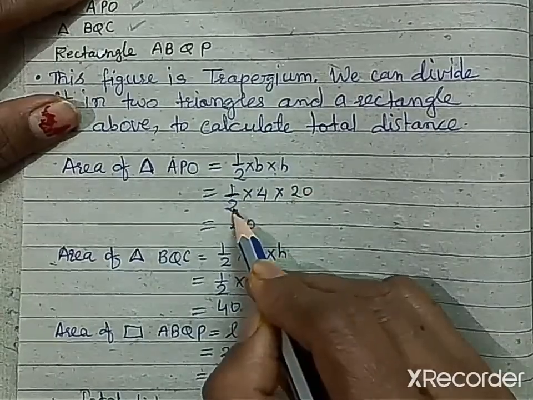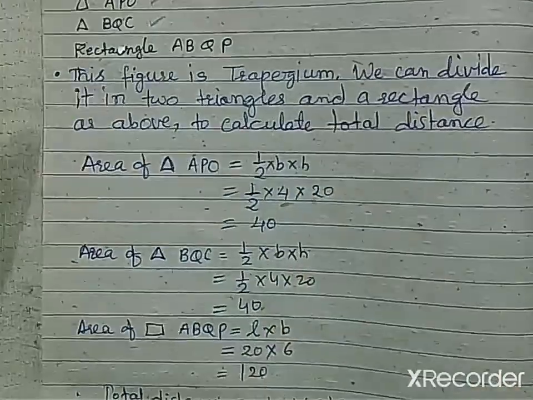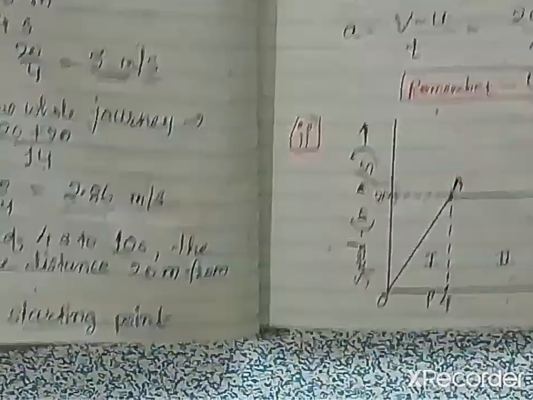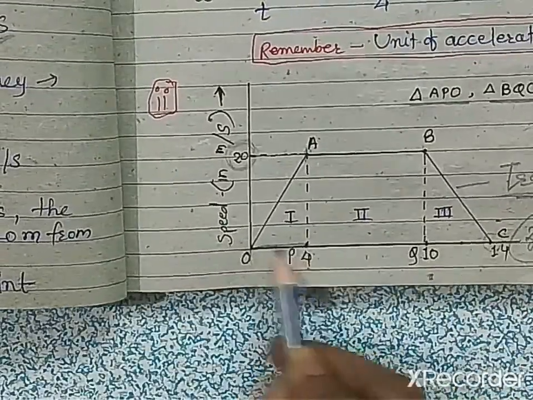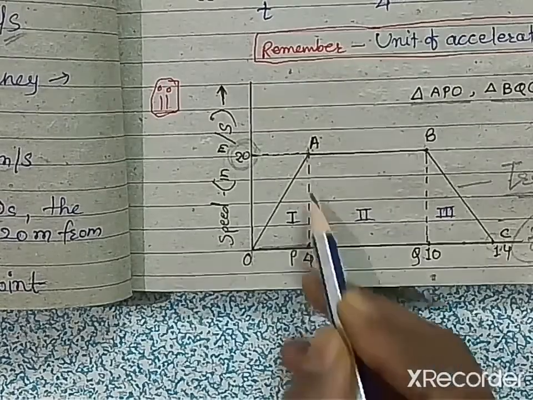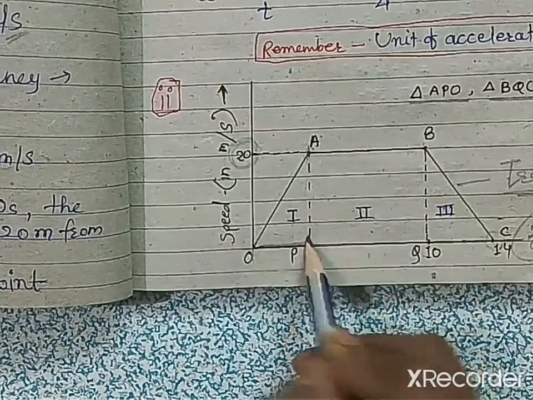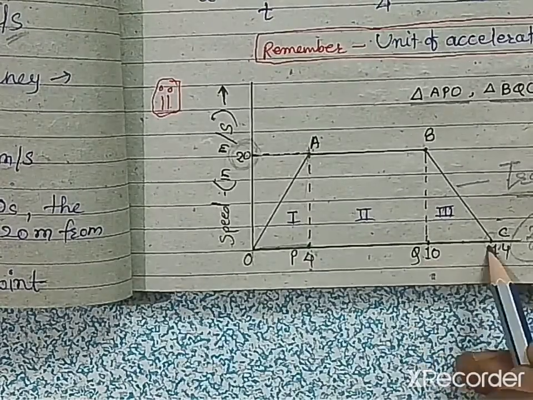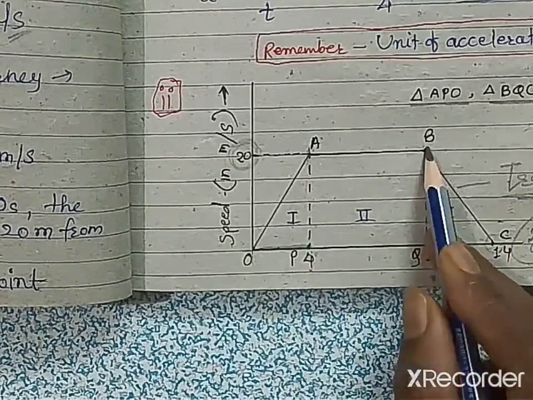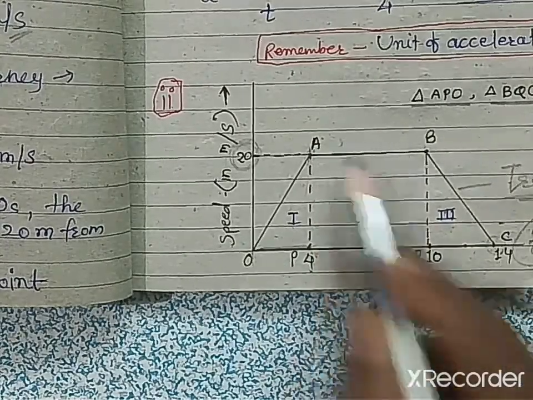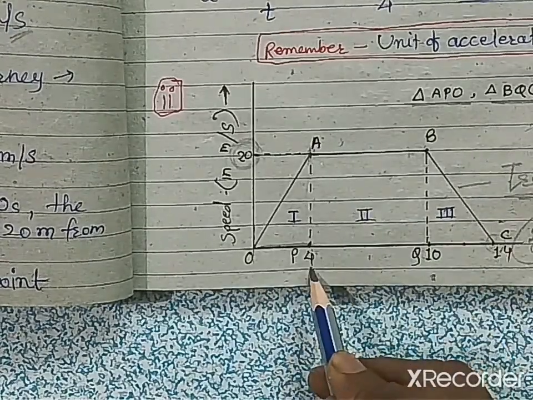Here you can see this is the base of this triangle and this is the height. So base is 4 and height is 20. For this other triangle also, the base is 4 and height is 20, and for this rectangle the length is 20 and the breadth is 4.